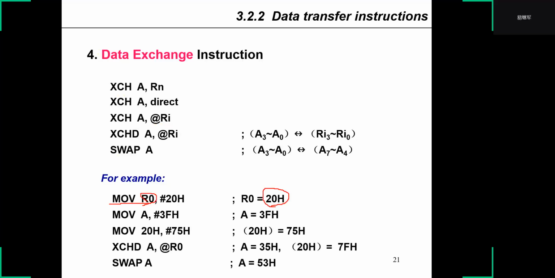If we change this to XCH A, 20H, we can exchange the value in A and 20H. This is XCH.